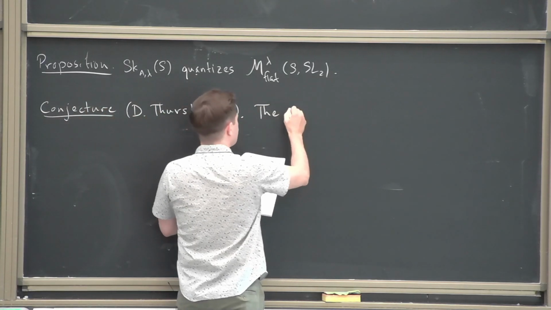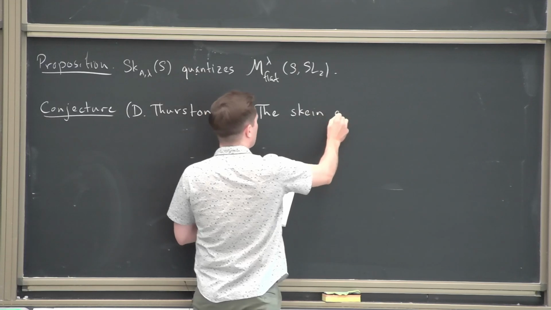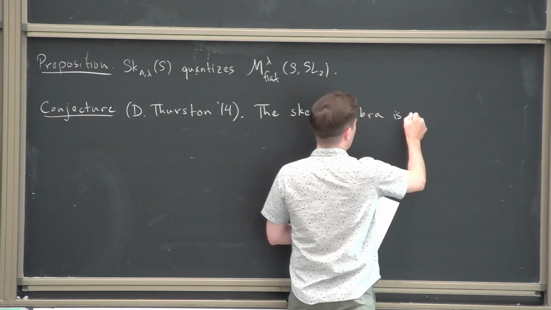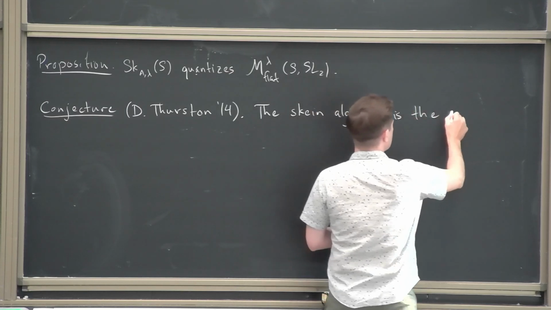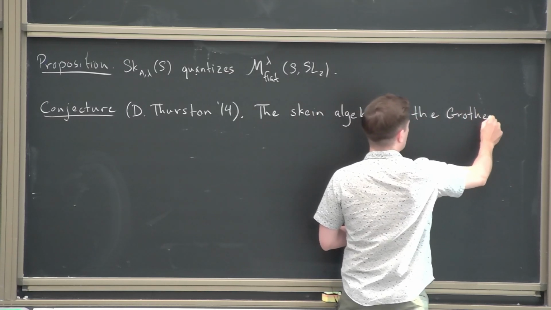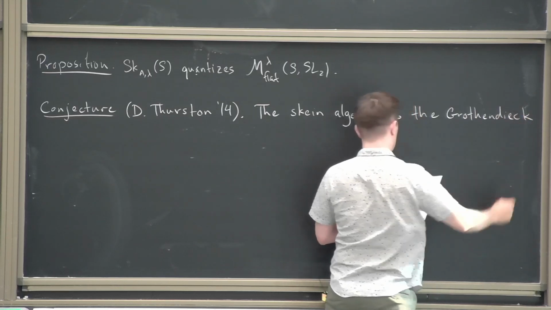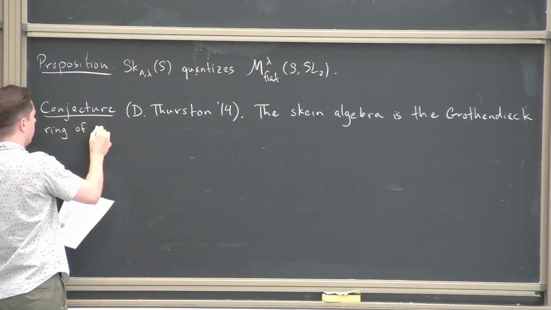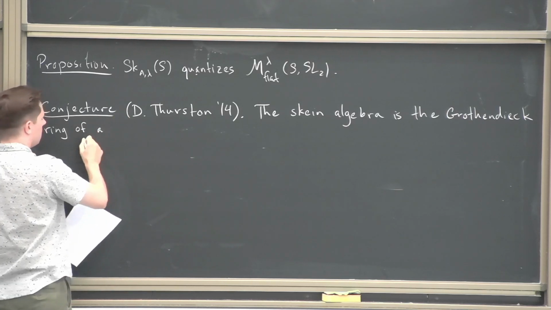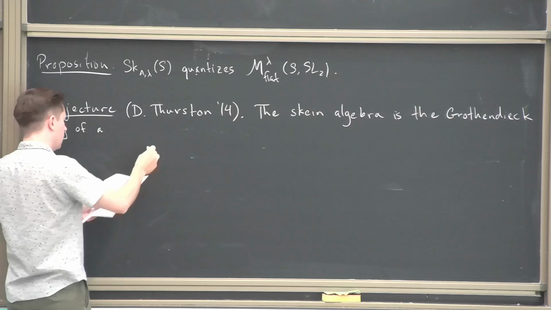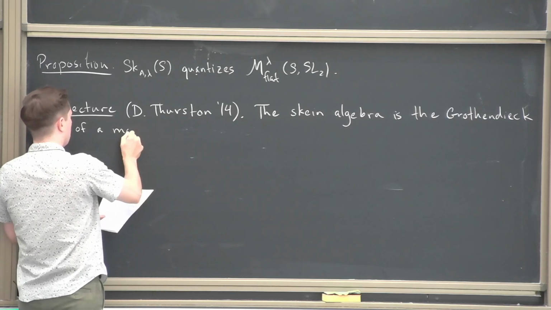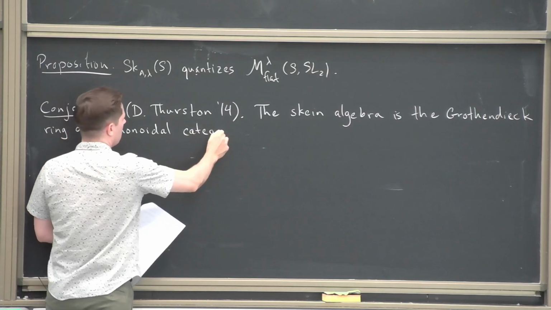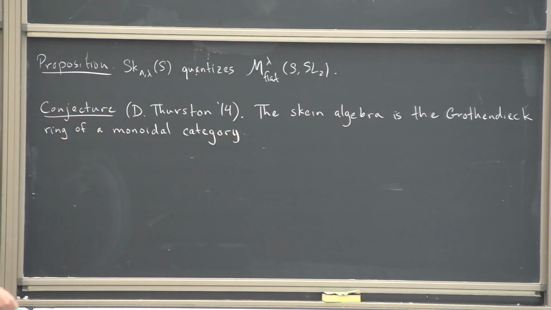We can say the skein algebra is supposed to arise as the Grothendieck ring of some abelian or triangulated monoidal category.